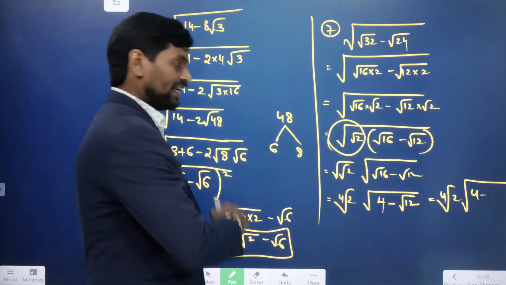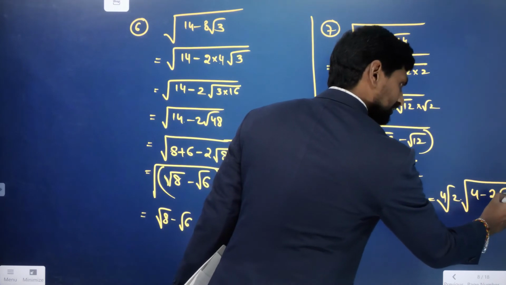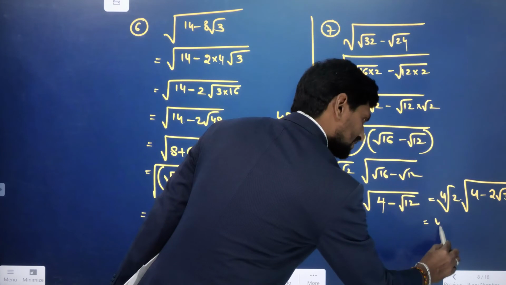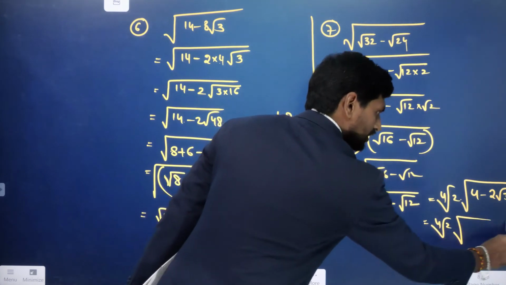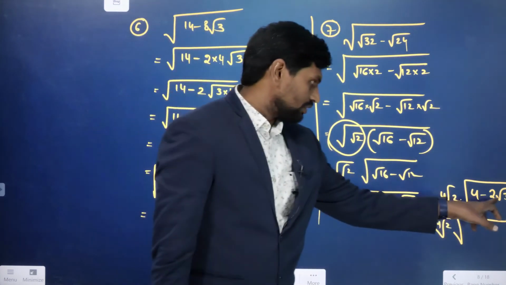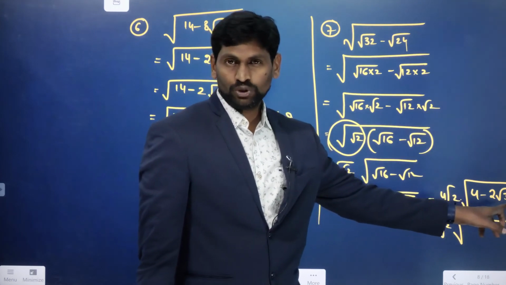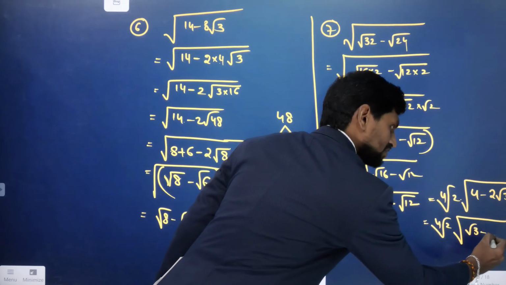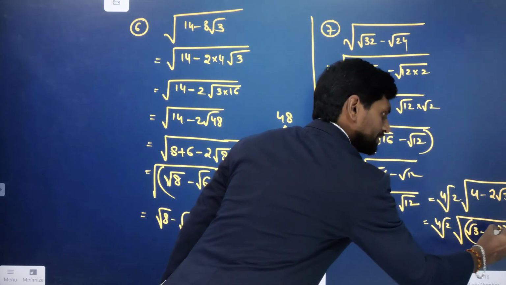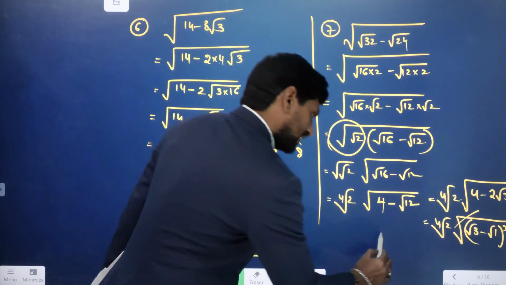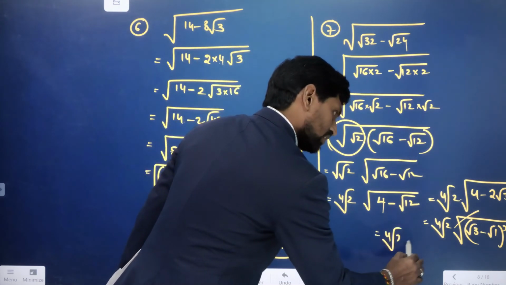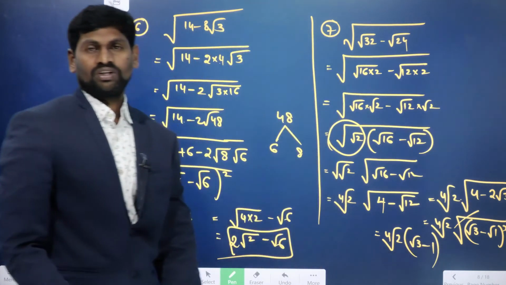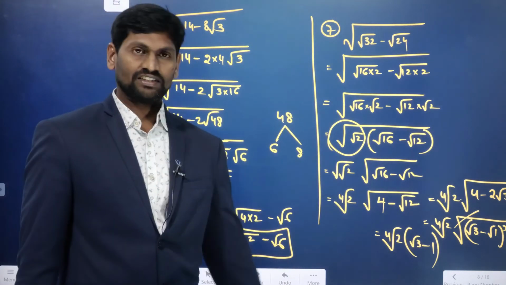That 4 I can take out: 2 root 3. Okay, now by seeing this, it is in the form of factors of 3, 3 into 1. 3 into 1 is 3, so 3 plus 1 is 4. We can write this as root 3 minus root 1 whole square, the a minus b whole square concept. That equals fourth root 2 into root 3 minus 1. Root 3 minus root 1, the value of root 1 is 1 itself. That is the answer. Check.